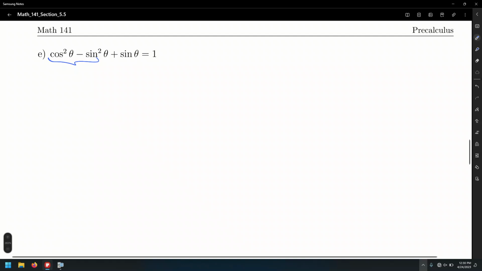What is that equal to? It would have been 1 if we had the plus in between, right? I think it's just cosine 2 theta here, right?